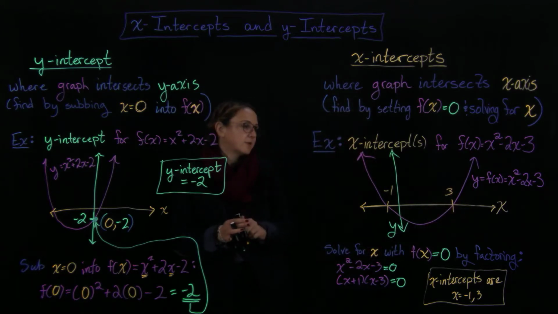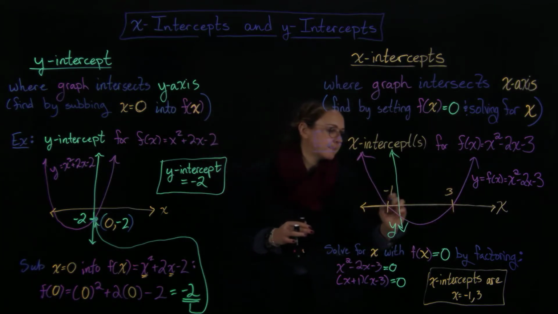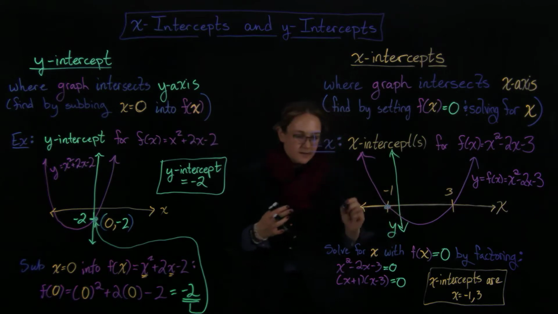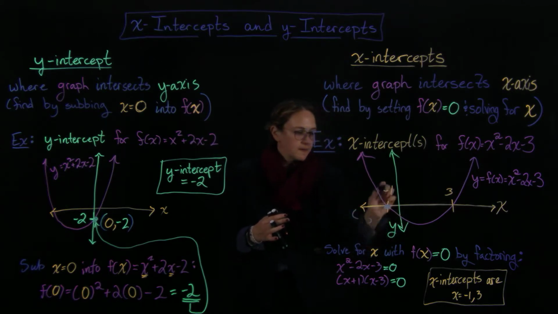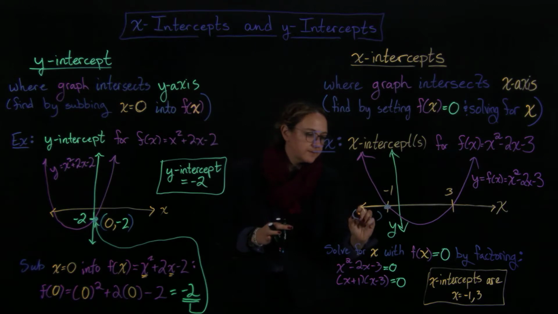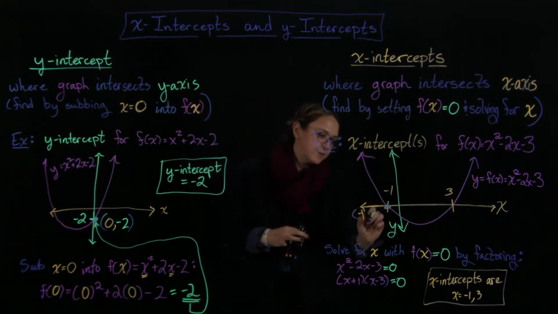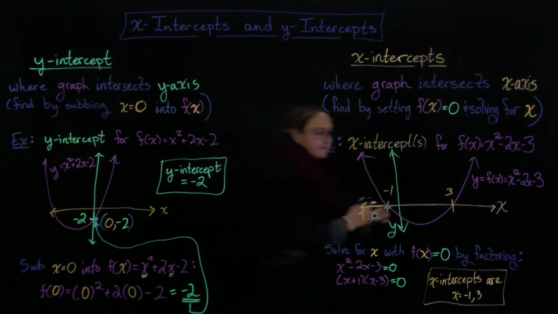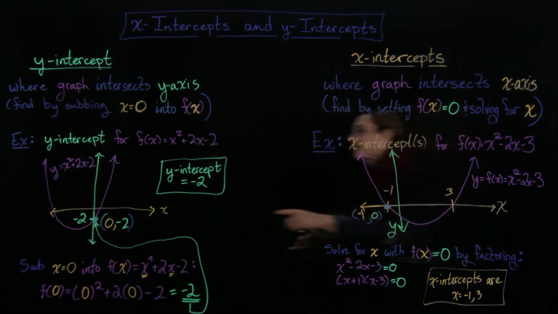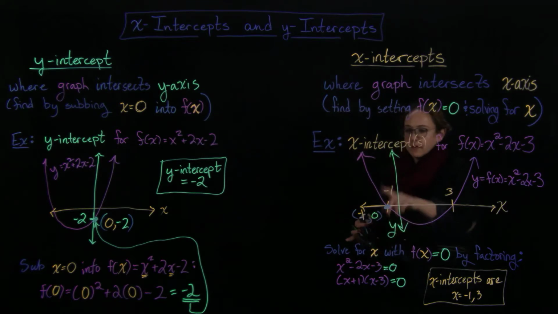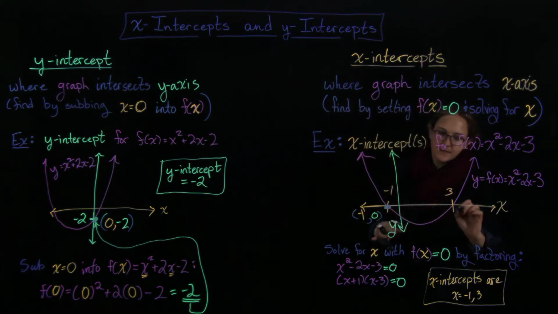And if we want to know what those points are, this point here has an x value of minus 1 and a y value of 0. This is going to be true for all the x-intercepts. As opposed to the y-intercept, where the first coordinate had to be 0, here the second coordinate had to be 0 because of what we were solving for.